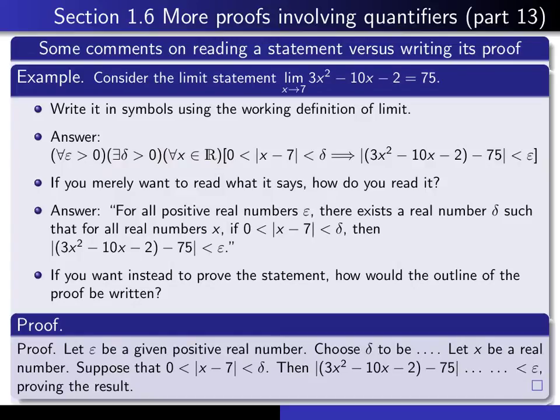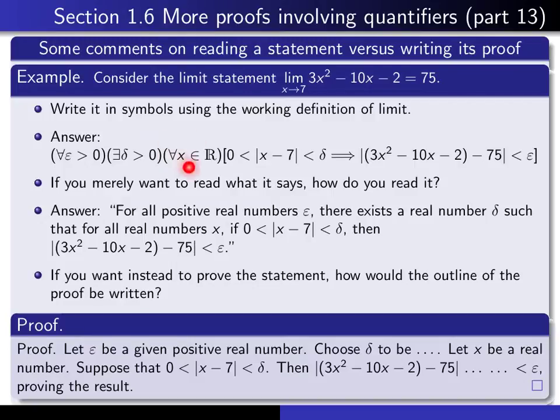Okay, so here's the outline of the proof. As I read from left to right, when I see this, I do not say for every positive real number epsilon, but instead I say let epsilon be a given positive real number. And when I get to this, I don't say there exists a positive delta such that, but rather I say choose delta in the following way, and then I have to figure out a concrete way of choosing that delta.